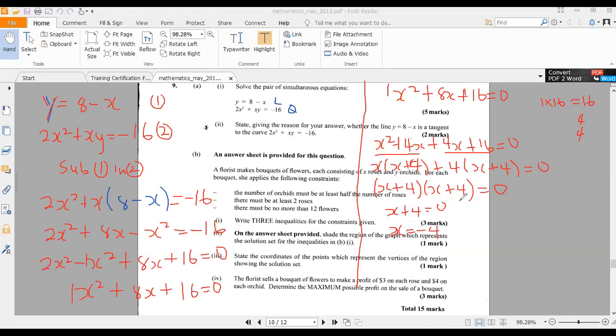Then the other one would be x plus 4 is equal to 0. We get x is equal to 0 minus 4.